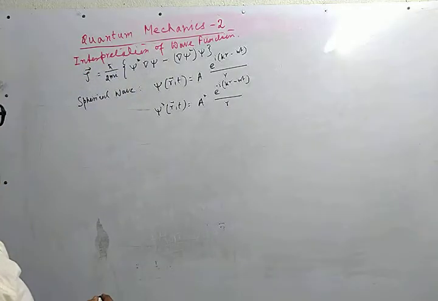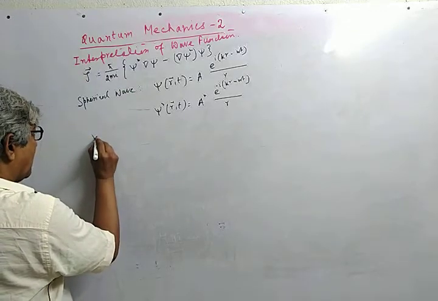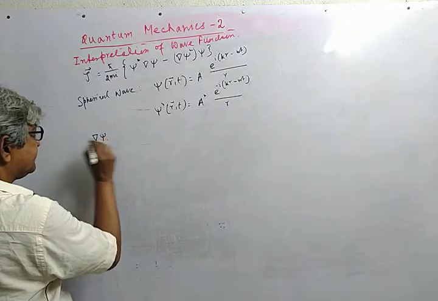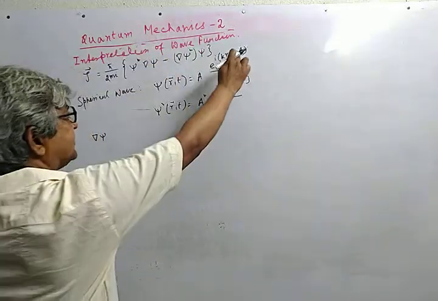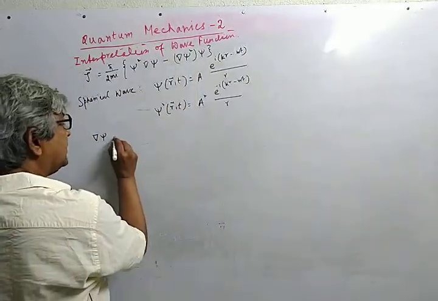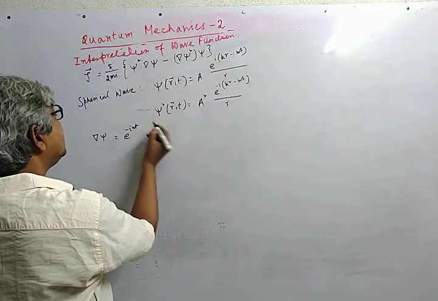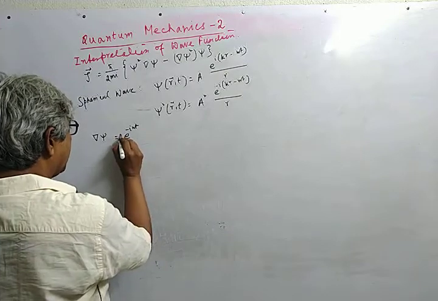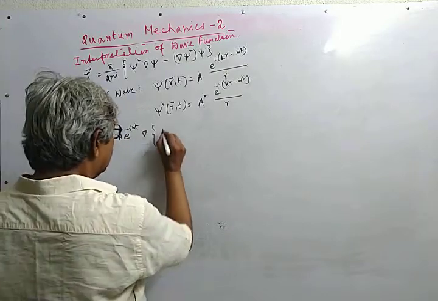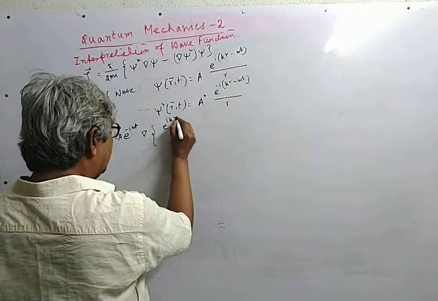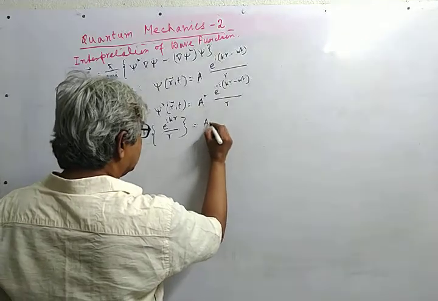If we operate psi and grad on this, I am for the time being not considering the time part, so e to the power i omega t is taken common, and grad operates on e to the power i k dot r upon r. It will have two parts.